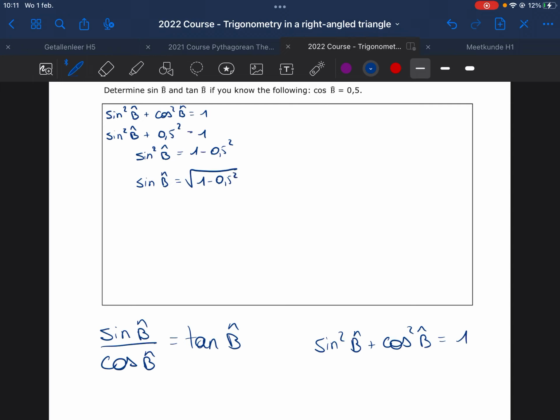Remember, if I go too fast at any point, you can slow the video down, you can pause it. And now the sine of B should equal the square root of 1 minus 0.25. So that should equal the square root of 0.75.